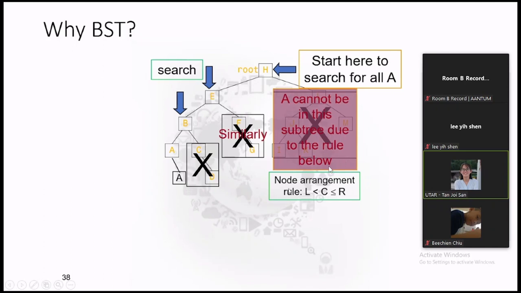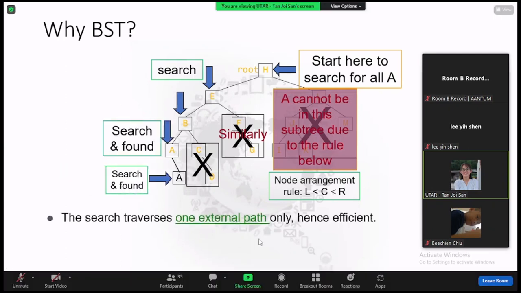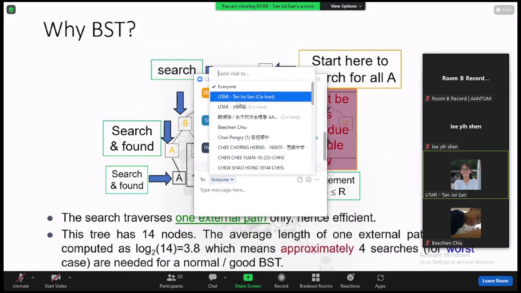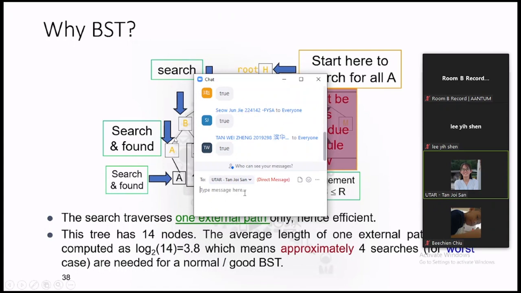So that's why you have the nodes arranged with the rules: current node, L and R. The current node, C, is definitely larger than the L, whereas the right-hand side is definitely greater than the C. So you can see here how many steps you go. 1, 2, 3.